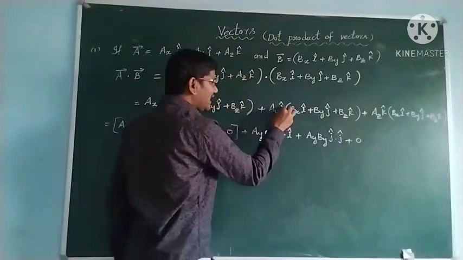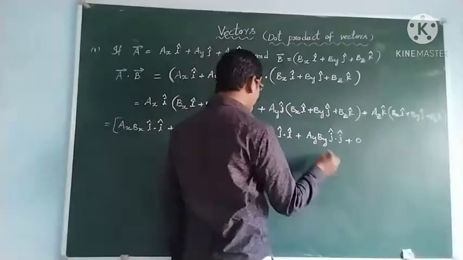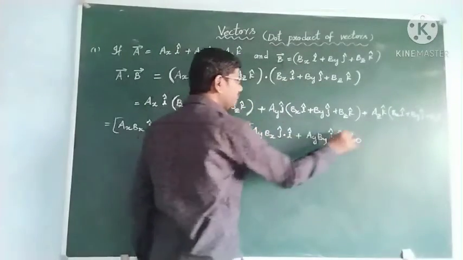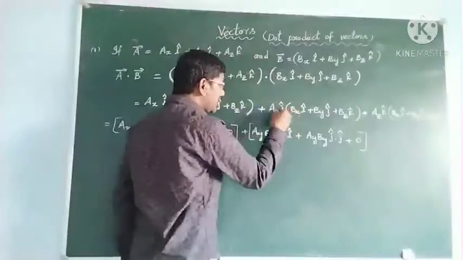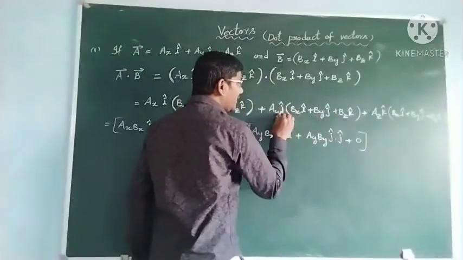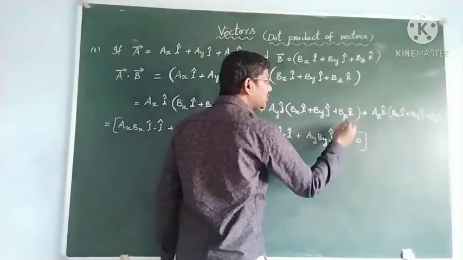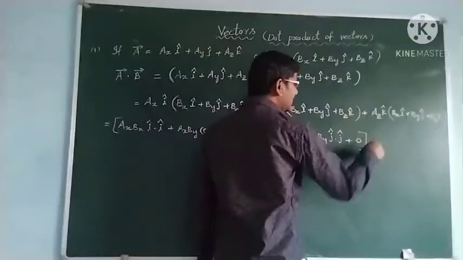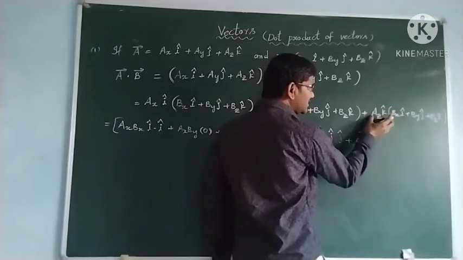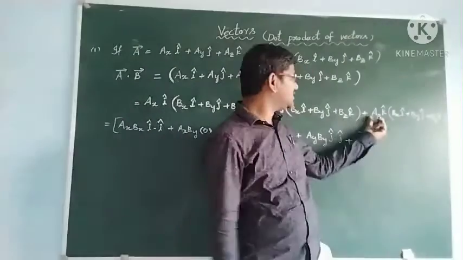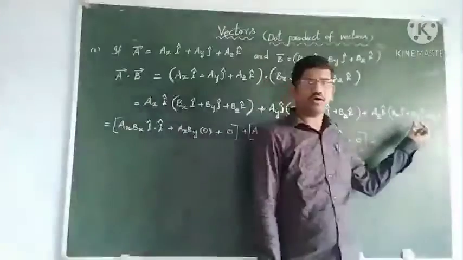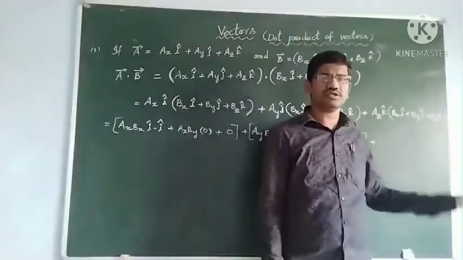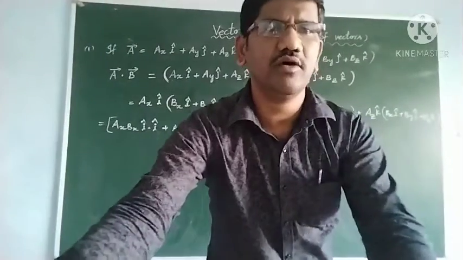Since J cap and K cap are perpendicular vectors, the dot product will be 0. Similarly, with this one, I should multiply all the terms. Okay students, I should multiply all the terms.